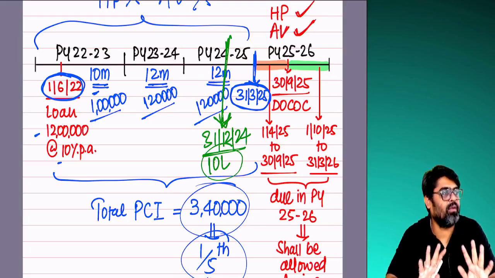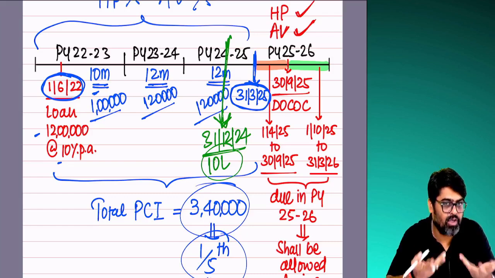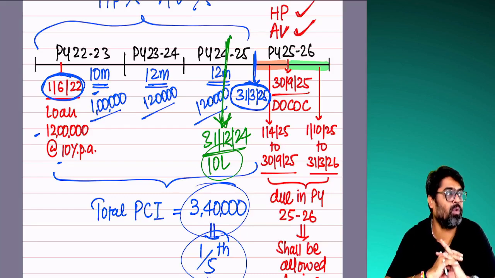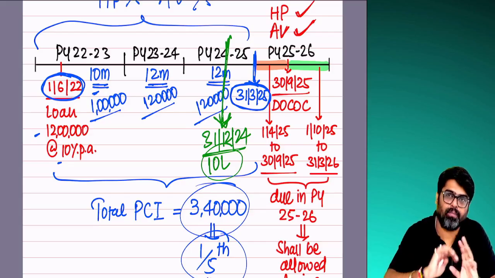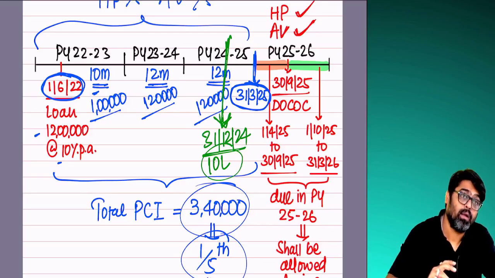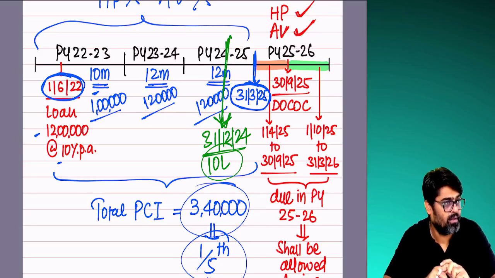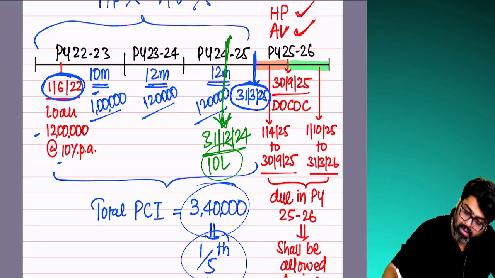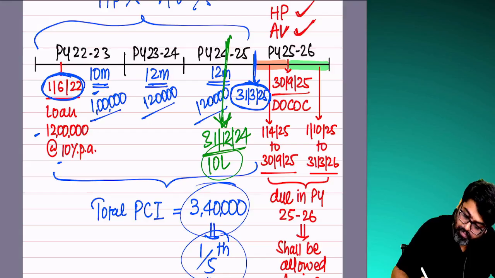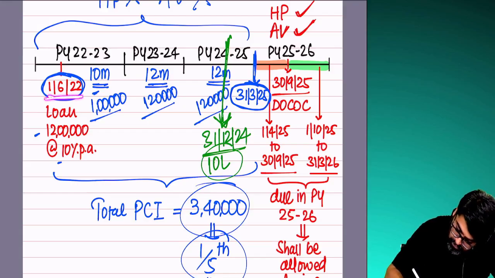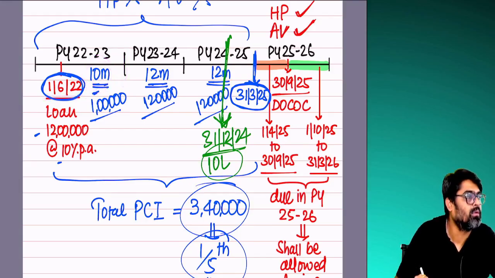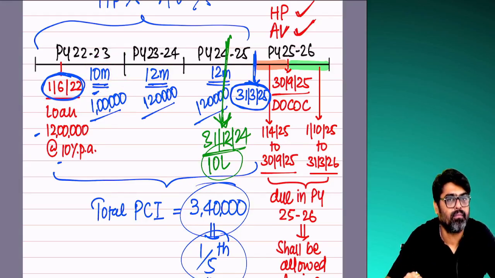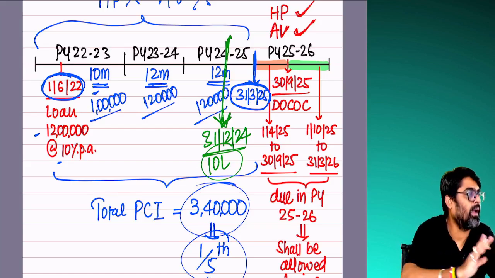Now, will this information change your calculations? Absolutely yes. How come? Pay attention. 10 lakh you have already repaid, no? Out of 12, 10 lakh is already repaid. So 10 lakh repaid on 31st December. So tell me, from 1st June till 31st March, for these 10 months, 12 lakh is outstanding because you have not repaid any amount.